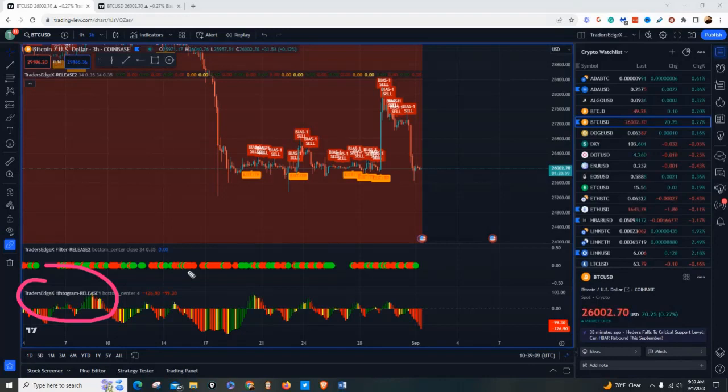Here's the way I want you to look at this, because we've got to know, are we trading at a discount, or are we expensive? Remember, in this particular case, we've got sellers in control.